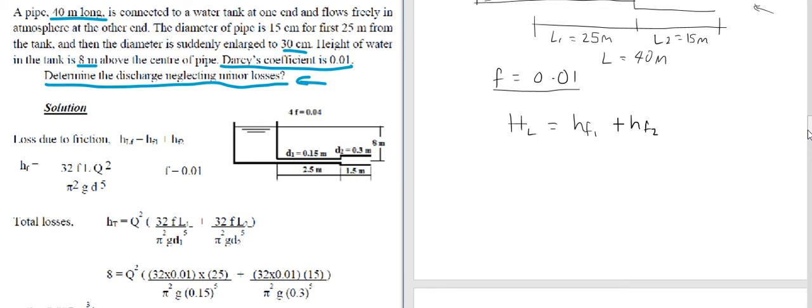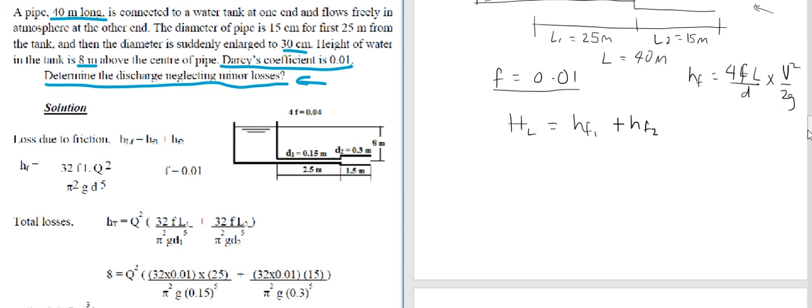So what is our formula for HF? The general formula, we have two kinds, right? So the first one is HF is equal to 4FL over D multiplied by V square over 2G.